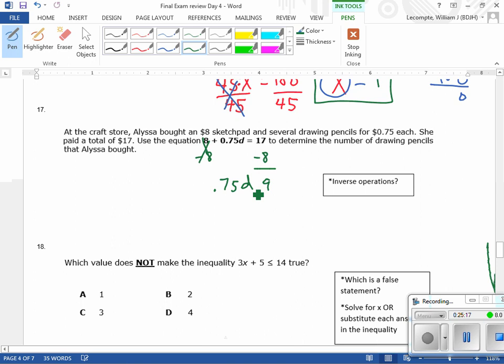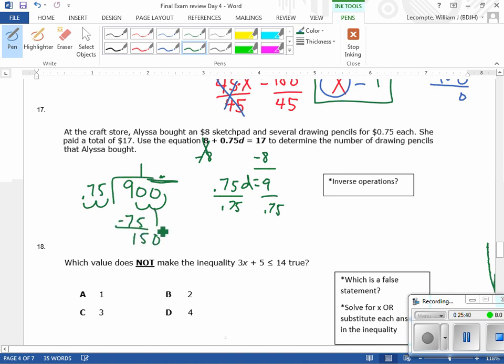And so 9 divided by 0.75. Move the decimal over twice, so my decimal is actually down here now, and I have 2 zeros there. So 75 goes into 90 1 time. Subtract that out, bring the 0 down. 75 goes into 150 twice. So d is equal to 12.